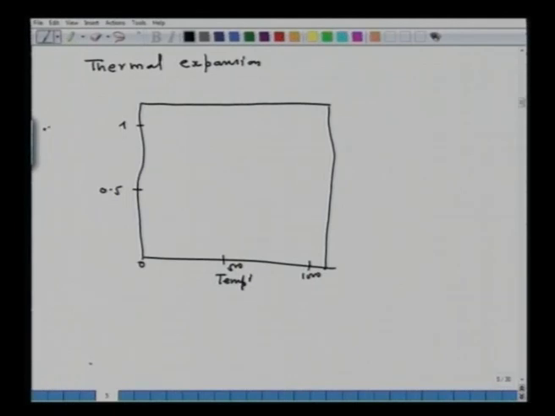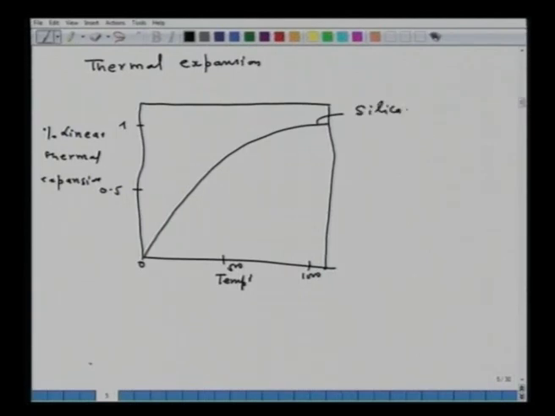So, here this is percentage linear thermal expansion plotted against temperature. So, you know, silica brick has very high thermal expansion. Very low thermal expansion bricks are the carborundum bricks.